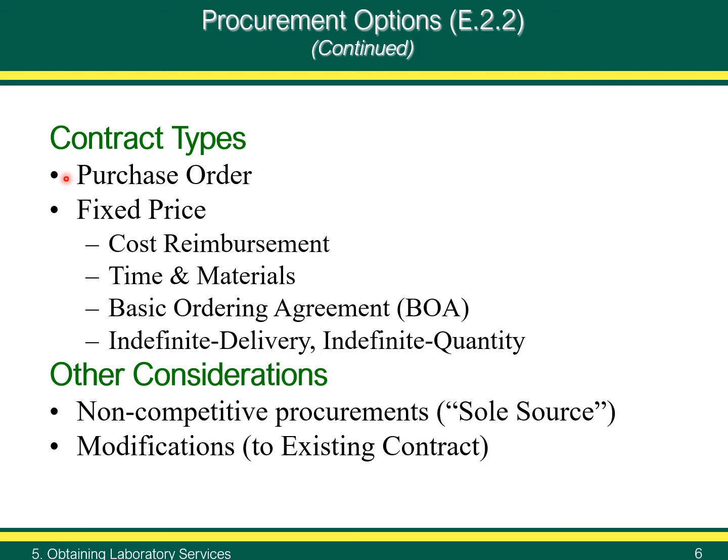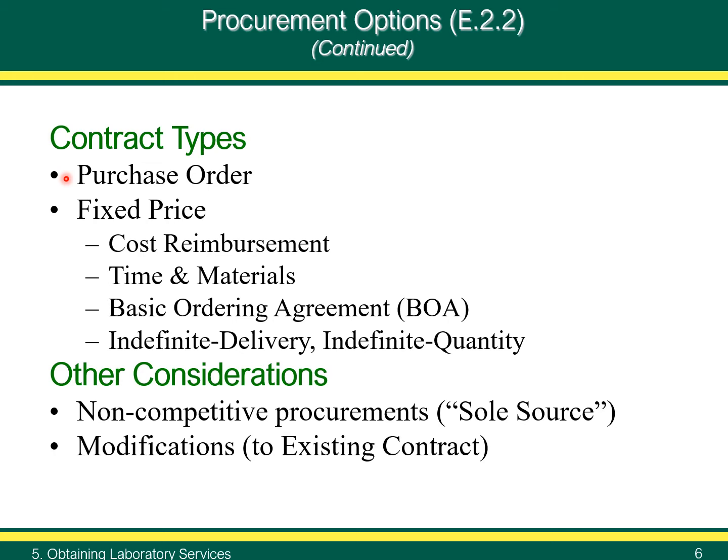Purchase orders usually specify a not-to-exceed limit for purchasing. The FARs, however, establish the SAT ceiling for purchase orders at $250,000. Purchase orders are limited to small needs without a formal request.